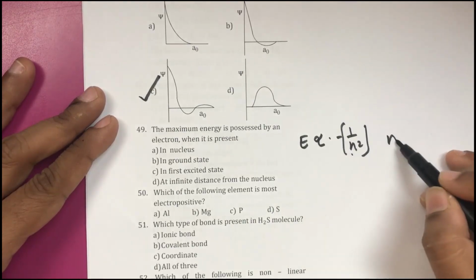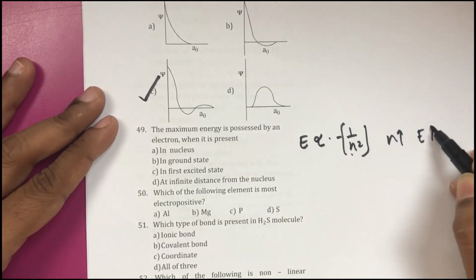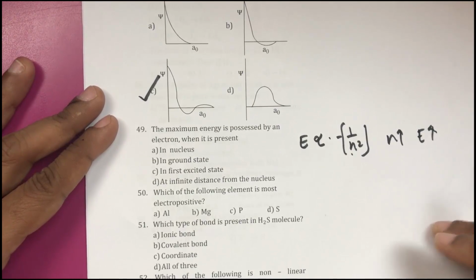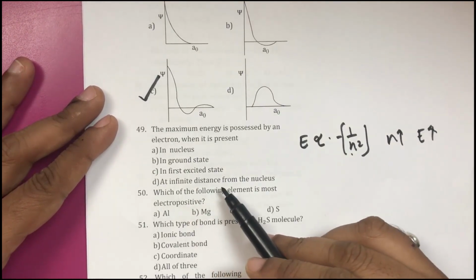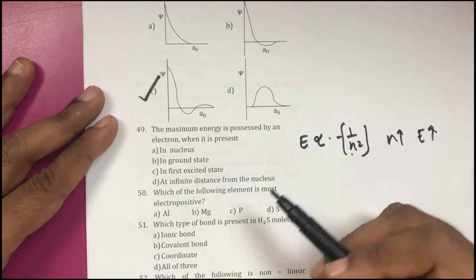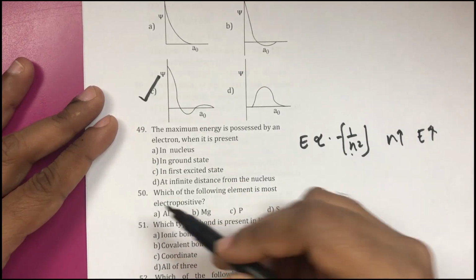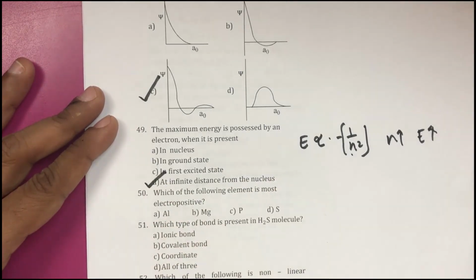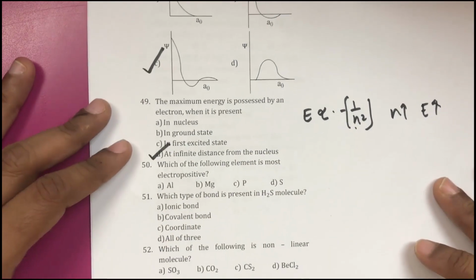Now as n increases, E also increases. Therefore at infinite distance, the electron will definitely have more energy. Therefore option D.